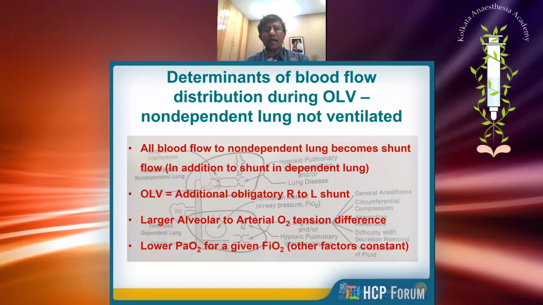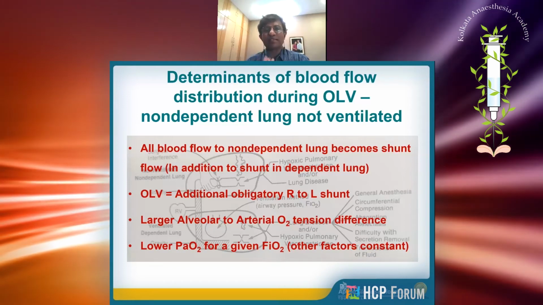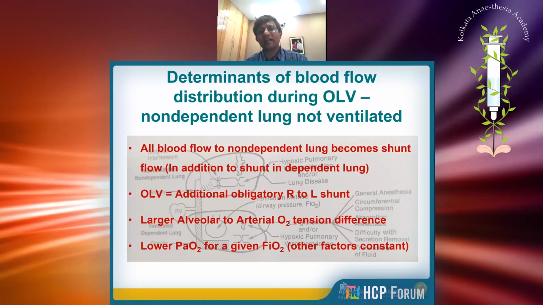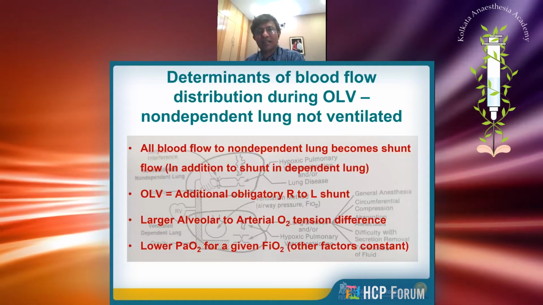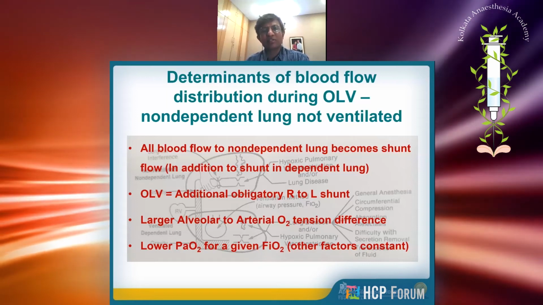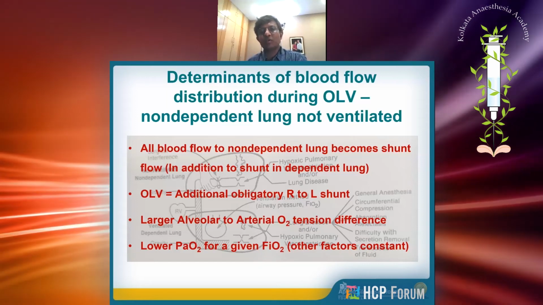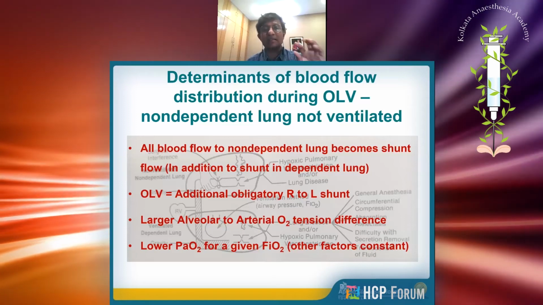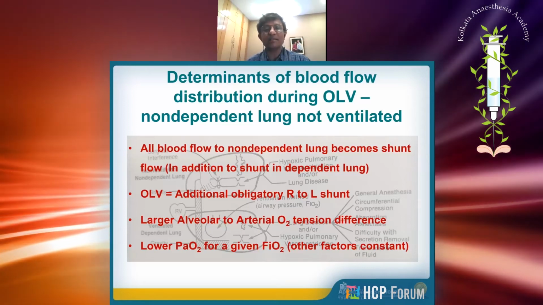So one lung ventilation will obviously have an additional obligatory right to left shunt. And therefore, one lung ventilation leads to a larger alveolar to arterial oxygen tension difference with other factors remaining constant.